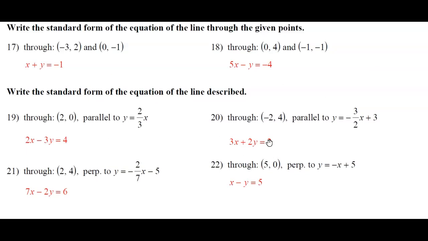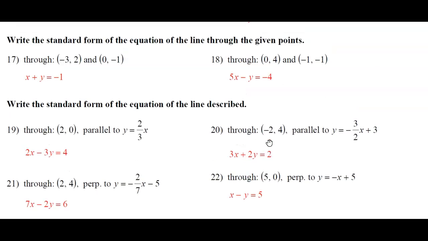Okay, and then down at the bottom, we had to write them in parallel or perpendicular form. So we know that if two lines are parallel, their slopes are the same. So that meant when I was picking this that I wanted my slope to be 2/3.